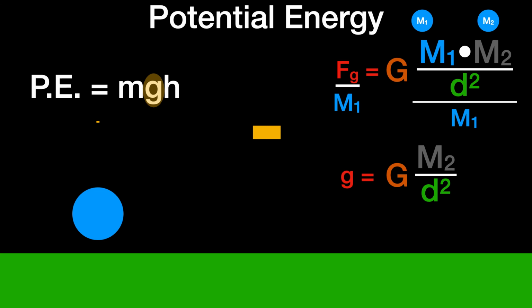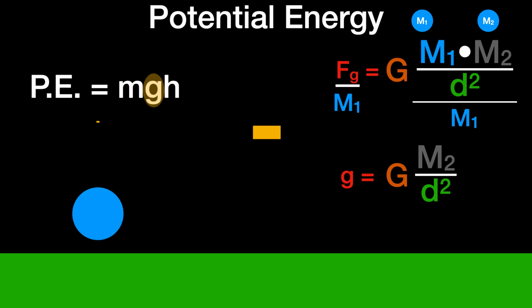Note that the force of gravity is M times G, right? Because the force of gravity is the mass of the object multiplied by G. So if we divide both sides by M1, we get rid of the M, and there you go.